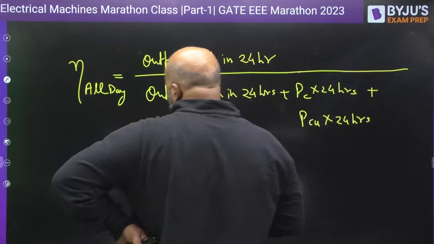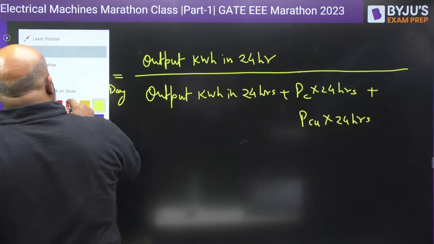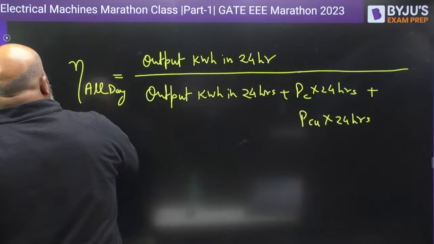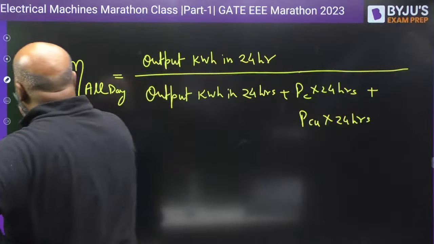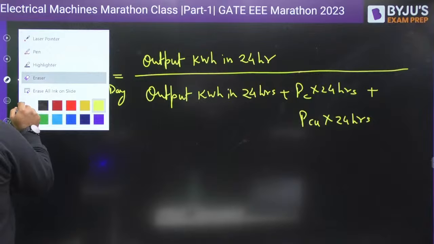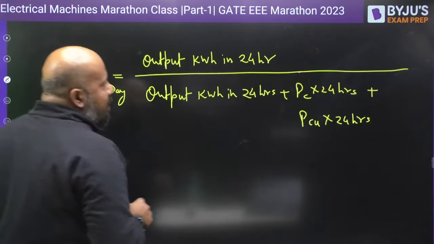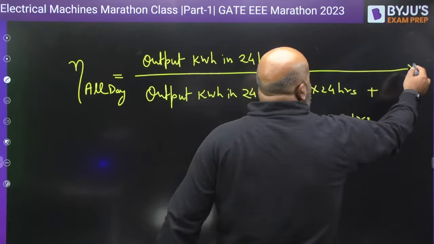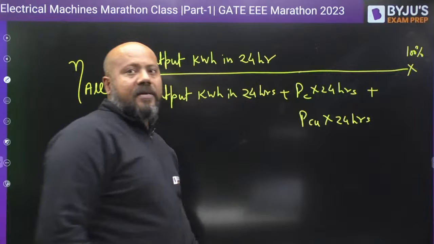Not actually 24 hours, because it is going to be different for different times. So it is the total copper losses. You understand it like this only, okay? Multiply by 100. This is how we write the energy efficiency or all-day efficiency. Is it clear, everybody?